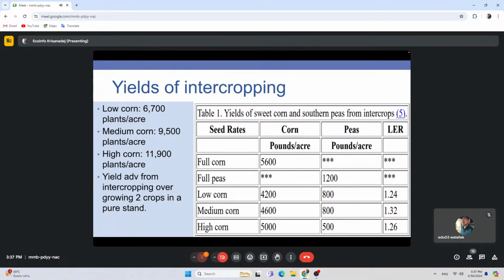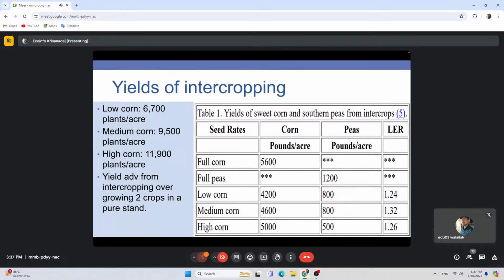For example, maybe economically corn is more expensive. So you say that the medium corn, 1.32, is the best LER. So maybe I assume that in one month the corn price is high.